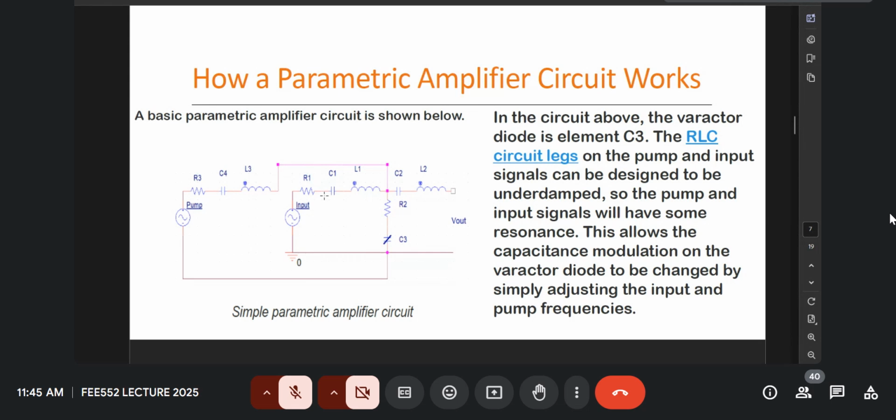After we have achieved resonance, there is oscillation of these two frequencies, FP and FS.